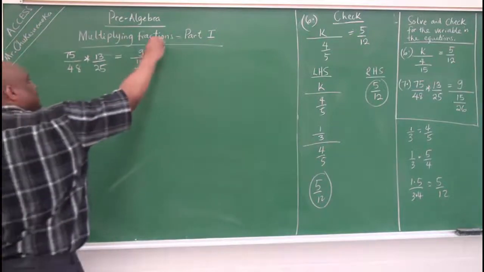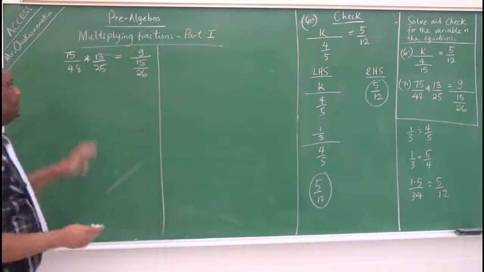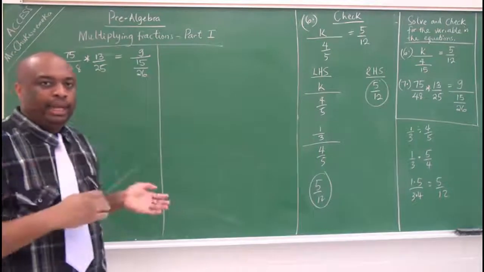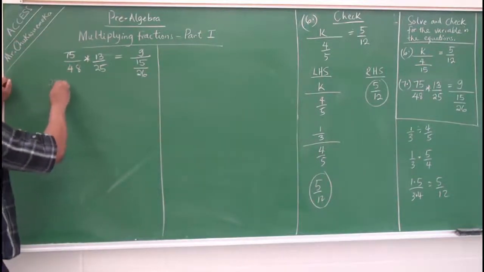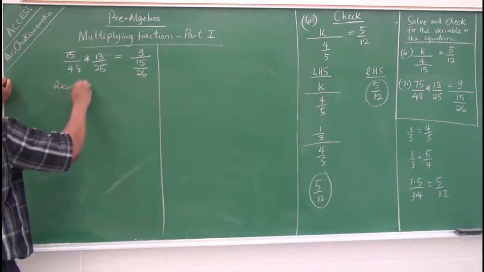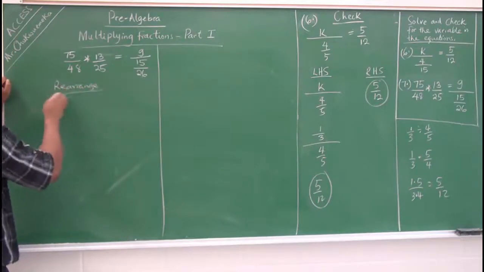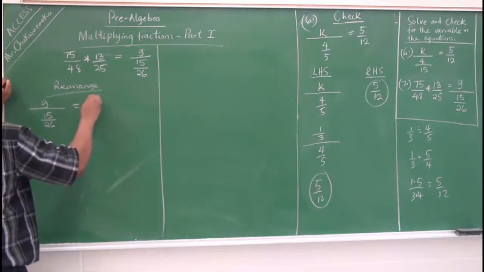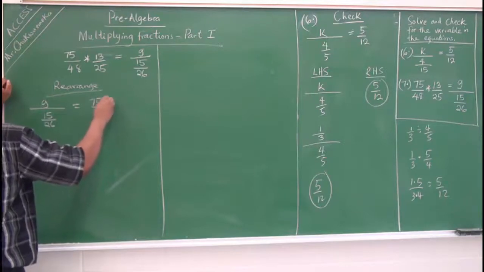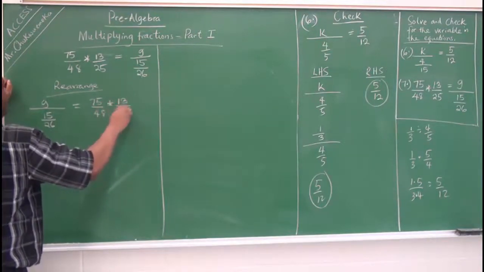First, let's try and rearrange this, because we want the variable to be on the left-hand side. We have that G all over 15 over 26 equal to 75 over 48 times 13 over 25.